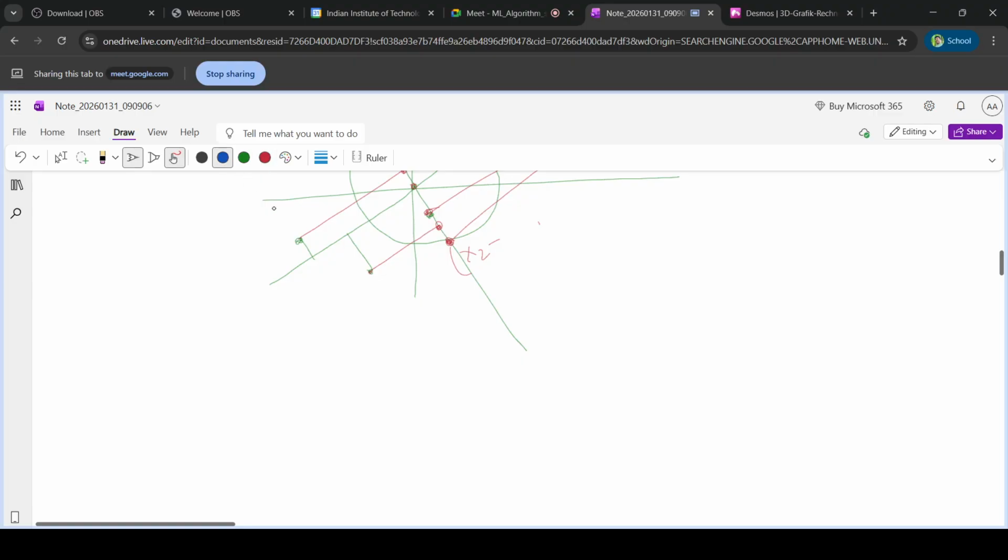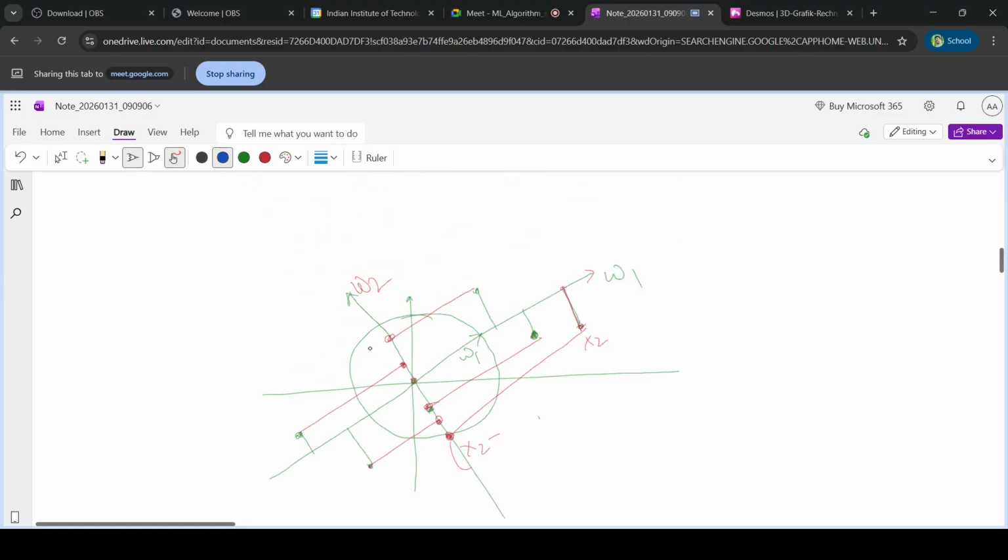So I'm just representing this x2 minus this value, x2 transpose W1 into W1, because these are the points here. So c into W1, that I am representing here this way.